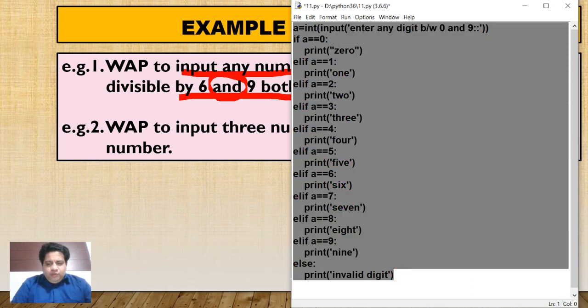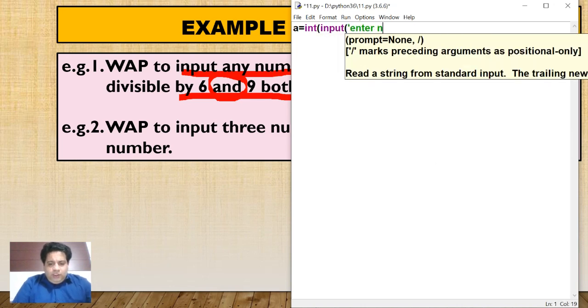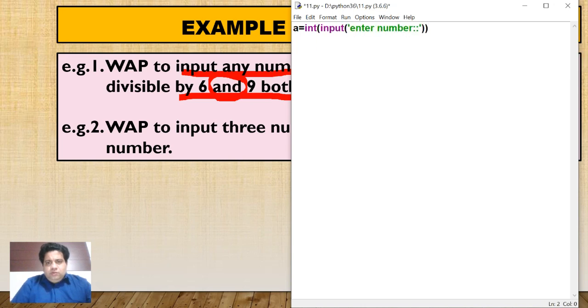First of all take input A equal to int input enter number. Now check if A mod. Now for divisibility always use mod operator. Mod means percent operator. Now here in Python percent means modulus. Modulus means remainder find करता है.